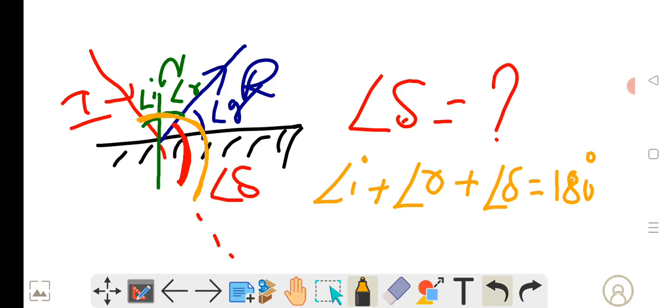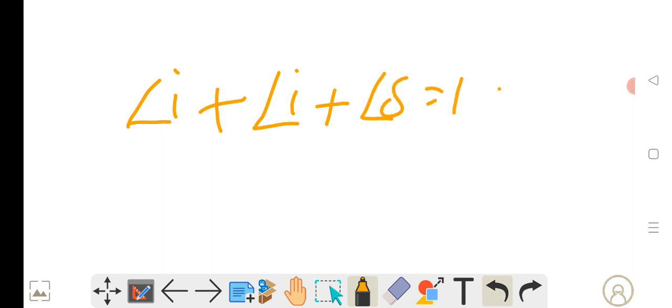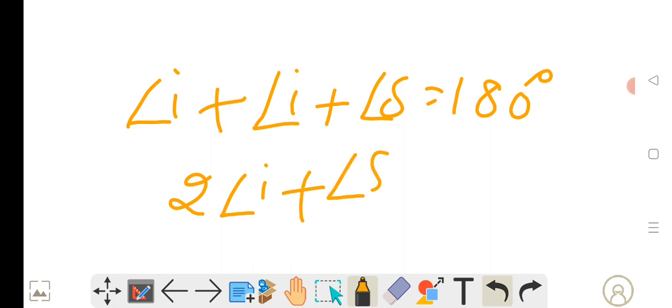Now we have learnt in the laws of reflection that angle I is equal to angle R. So in place of angle R, I will write angle I. So angle I plus angle I plus angle delta is equal to 180 degrees. So I plus I is equal to 2I. So 2 angle I plus delta is equal to 180 degrees. Now this 2I you send to that side so that you will get angle delta.